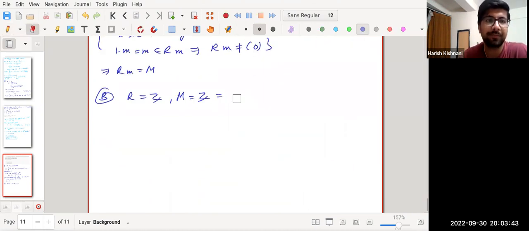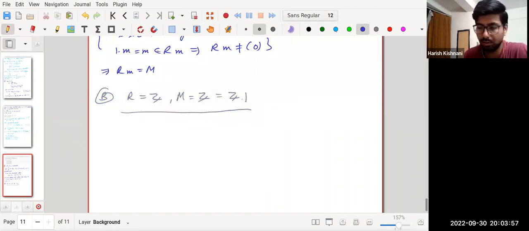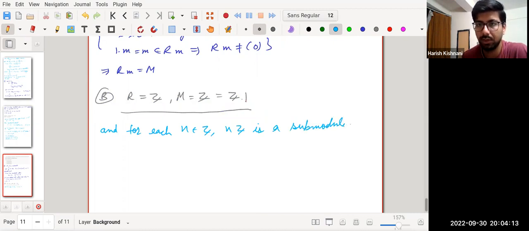No, because there are many submodules of it. For each n belonging to Z, nZ is a submodule of M. So this implies M is not irreducible.